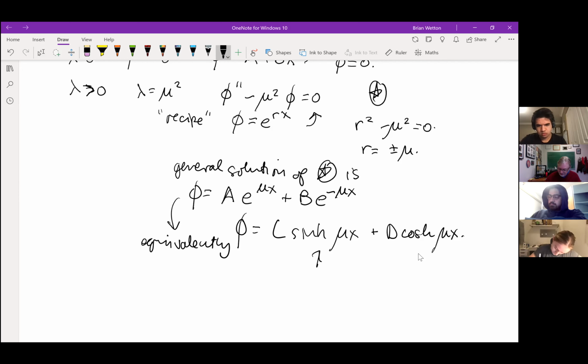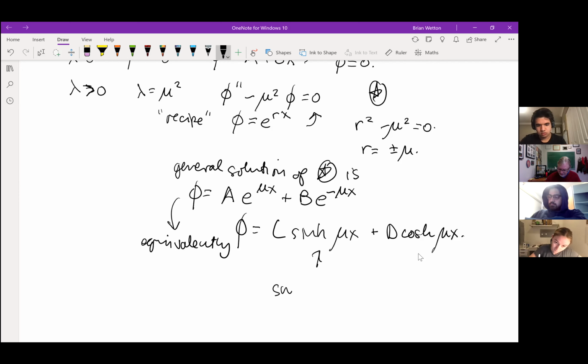where, as the definition of hyperbolic sine, it's e to the x minus e to the minus x over 2.